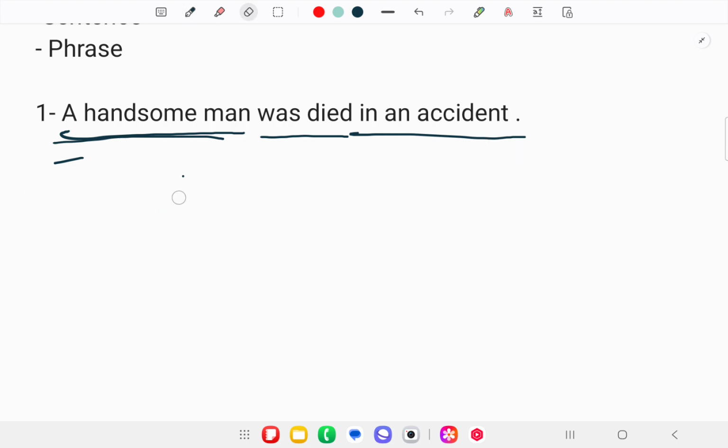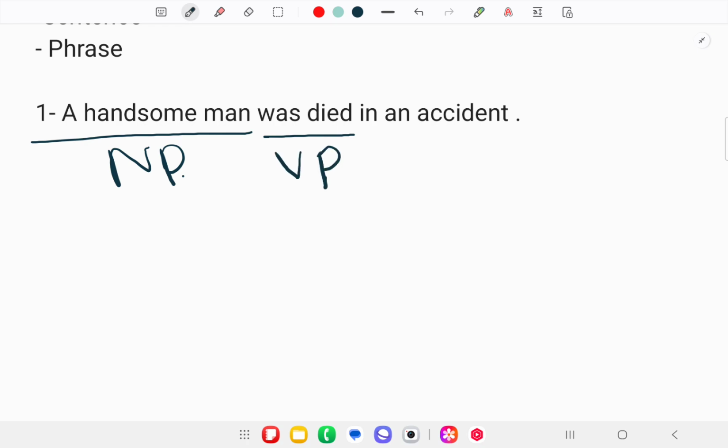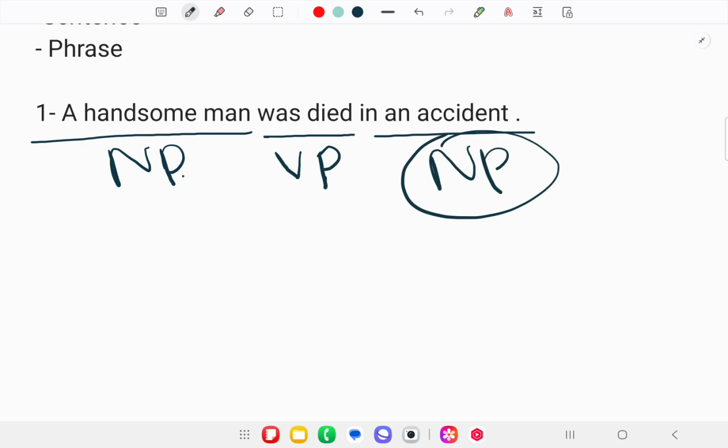First, a handsome man is the noun phrase. Died is the verb phrase, and in an accident is the noun phrase. This is another noun phrase, and this is the other place of the object also.